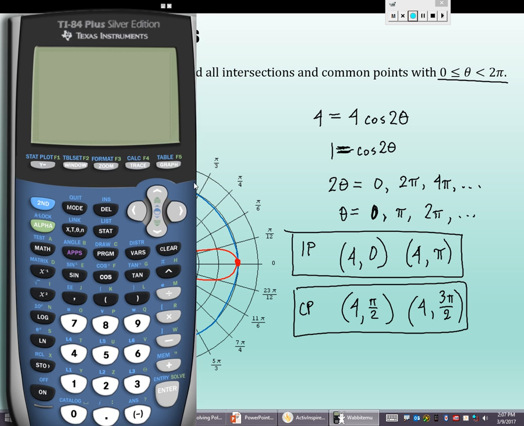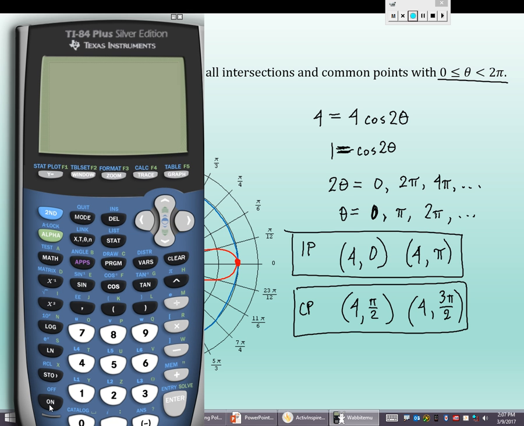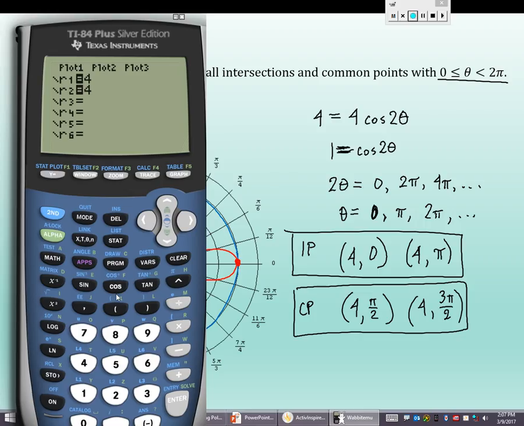Okay. Let's do it on the calculator and see how it looks. We have 4 as one of these, and 4 cosine 2 theta. Let's do the little ball and path thing.